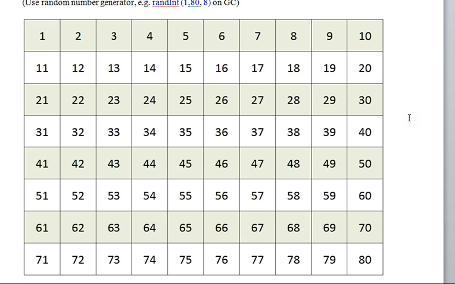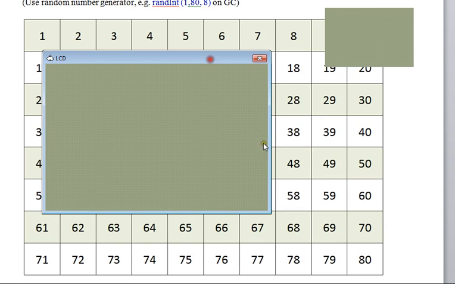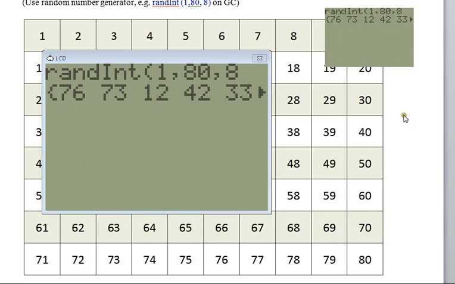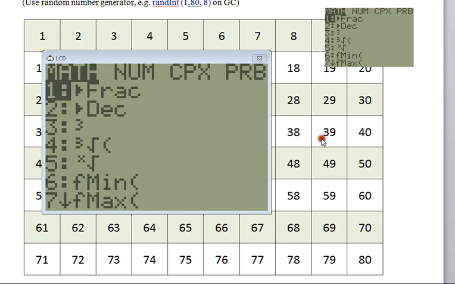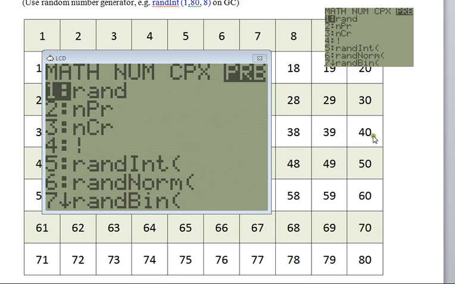You know the GC can do it? No, don't know, right? I show you. Math, probability, number 5.